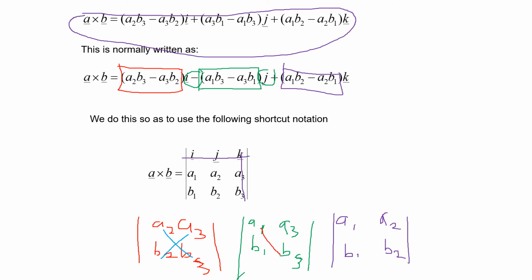By simply using the determinant, which is A1 times B2, take away A2 times B1. A1 B2 minus A2 B1, multiplied by K, right? So you can use this shortcut notation to get the vector product calculation from component forms.